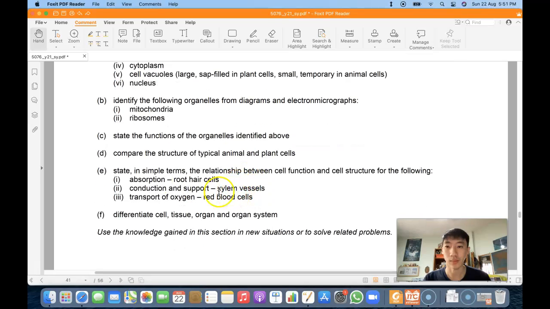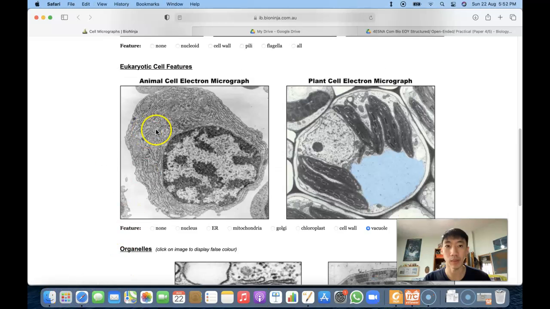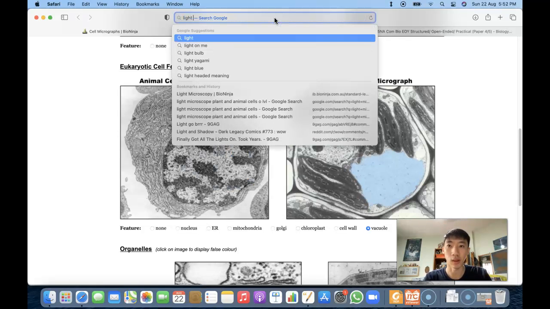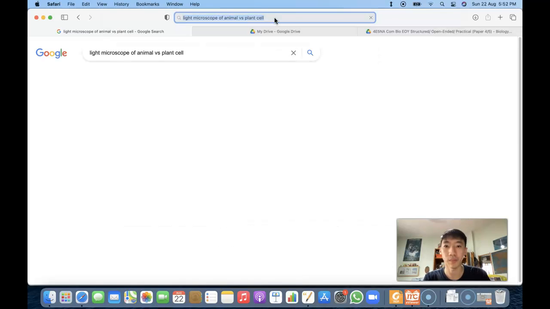Now next, let's see. Compare the structure of the typical animal and plant cells. We have just done that with our micrographs here, but just to drive the point in, let's go to Google and search for light microscope of animal versus plant cell.